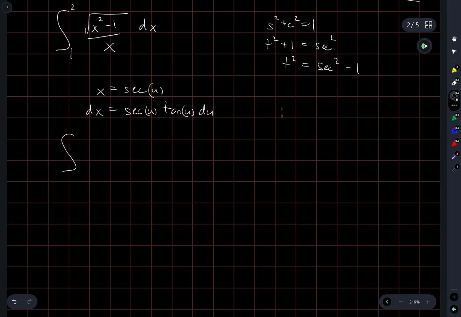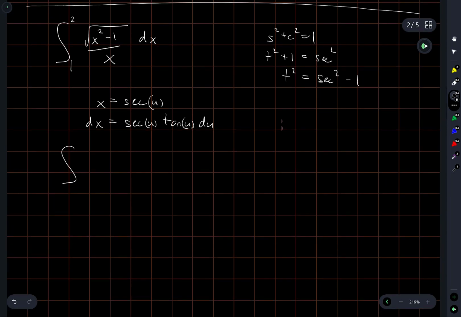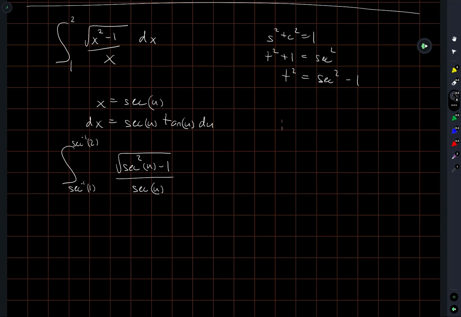And now I have an integral from secant inverse 1 to secant inverse 2 of the square root of secant squared u minus 1 divided by secant u, and dx is secant u tan u du.